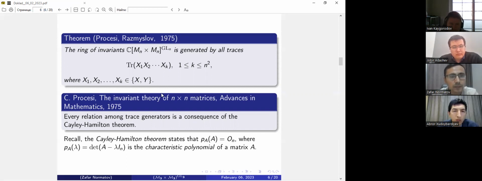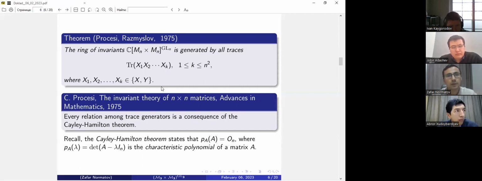The theorem states that the ring of invariants is generated by all traces of products x_{i1} through x_{ik}, where k is from 1 to n squared, and each x_i is from this set, it can be x or y.